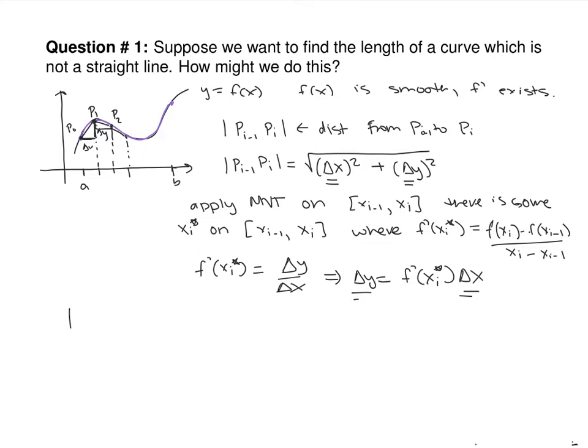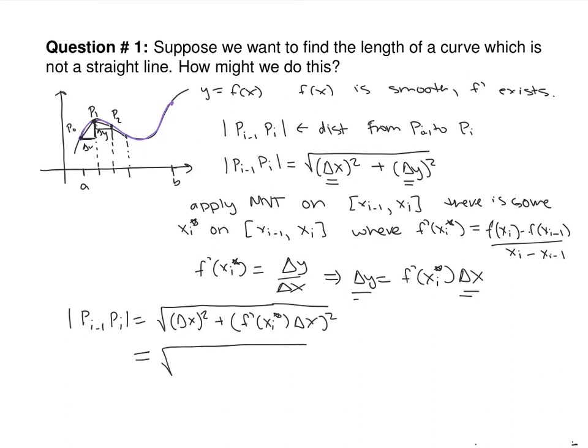So a little piece, p sub i minus 1 to p sub i, will be equal to the square root of delta x squared plus f prime of x sub i star times delta x, that quantity squared. Notice that both components underneath that radical have a delta x that's squared, so you can factor it out and take the square root.